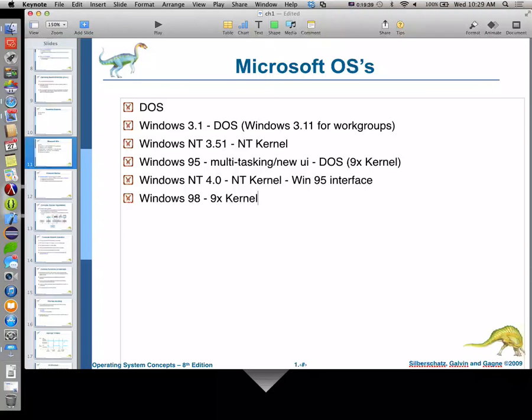Okay, what came after 98? It was either Windows 2000 or Millennium. Windows 2000. What was the kernel for Windows 2000?